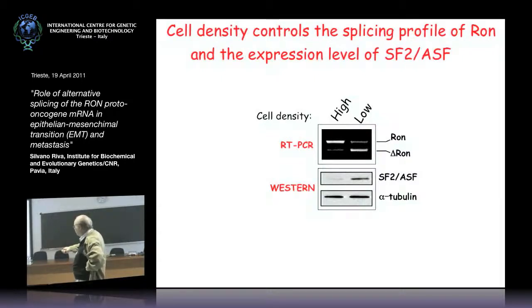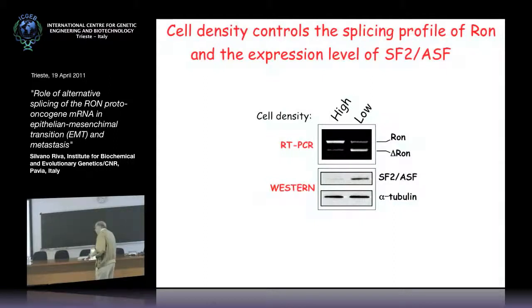At low cell density, you have the exclusion of the exon, and you have almost all delta RON. Okay? So at low cell density, and you see the increase in SF2 is not much, 3 times, something like that. But that's enough to switch completely the splicing program and to cause the transformation in the properties of the cells.